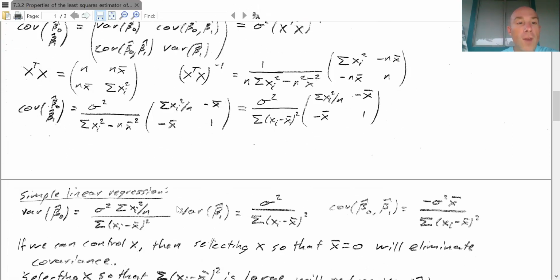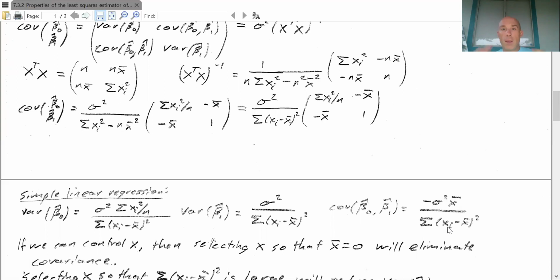So applying this, I know that the variance of the y-intercept is going to be this ugly fraction right here. The variance of the estimated slope is going to be sigma squared divided by the sum of squared deviations of x from x bar. And then the covariance is going to be sigma squared times the predictor variable average divided by that sum of squared deviations.